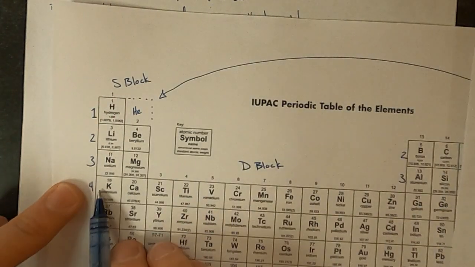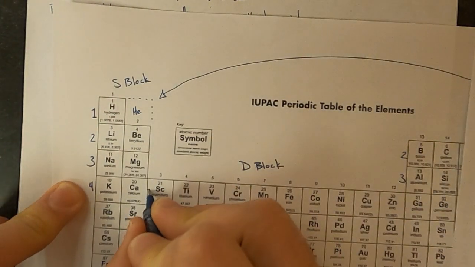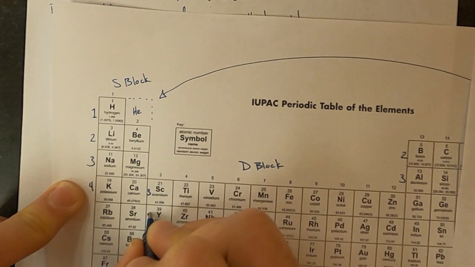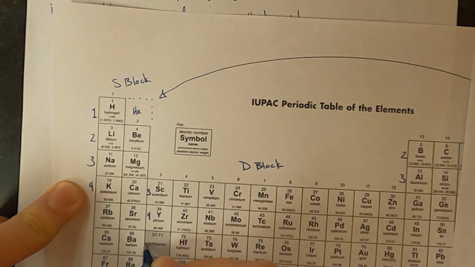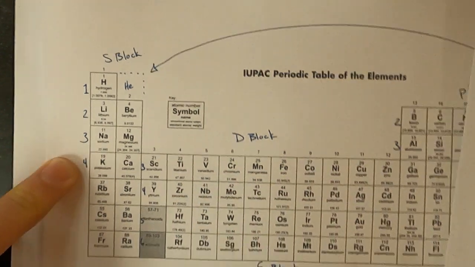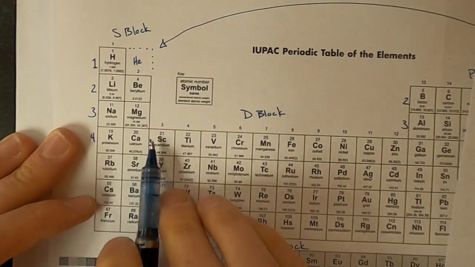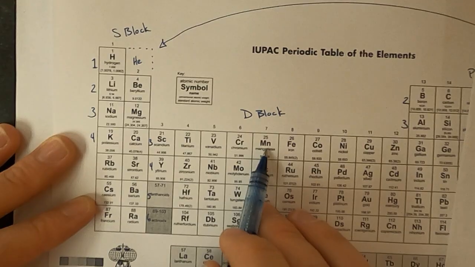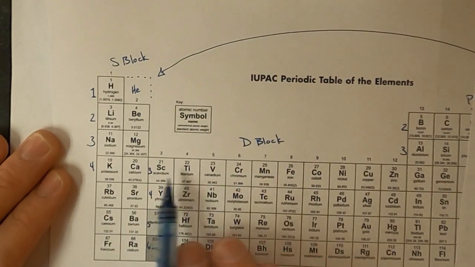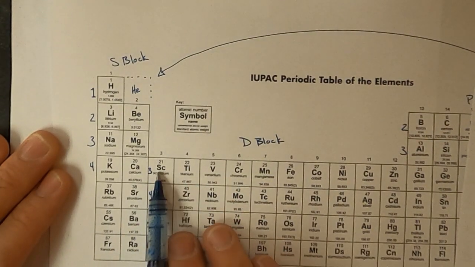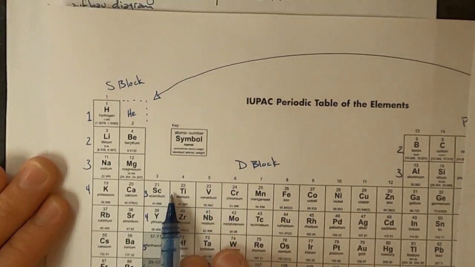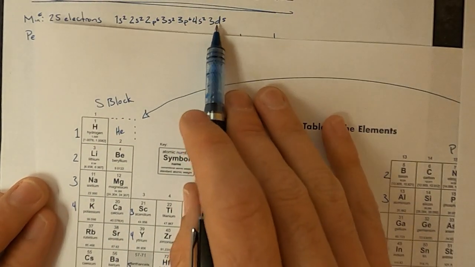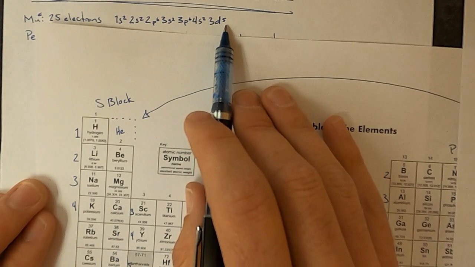And so while this is 4s, here is 3d. This would be the 4d row, 5d, 6d. And so we would say 3d and how many spaces we move over. We can see that because manganese is the 5th element in the 3d section of the periodic table, it's going to end with 3d5.